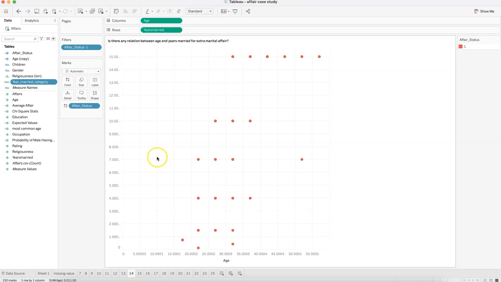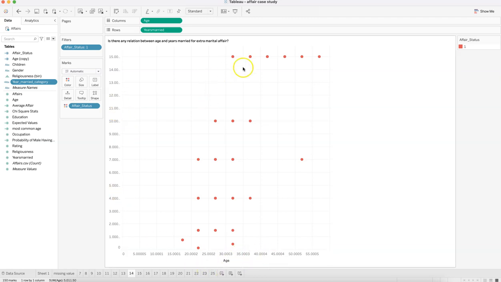Next question is over here, question number 13. Is there any relation between age and years married for extramarital affairs? So we have age over here. Here we have the years married. Sorry, this is the years married and this is the age.